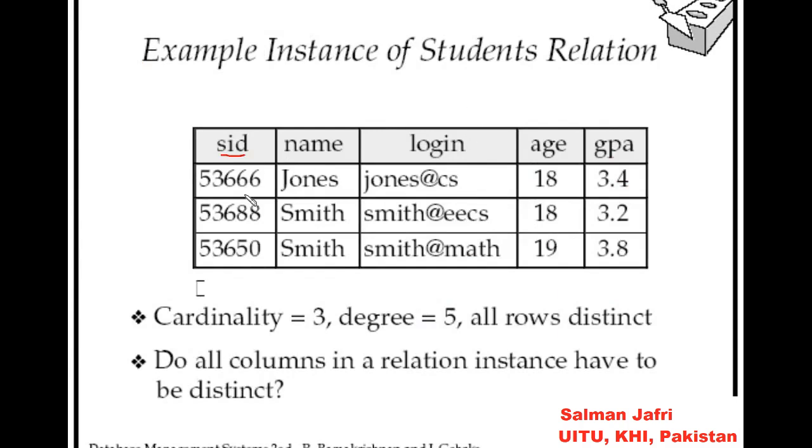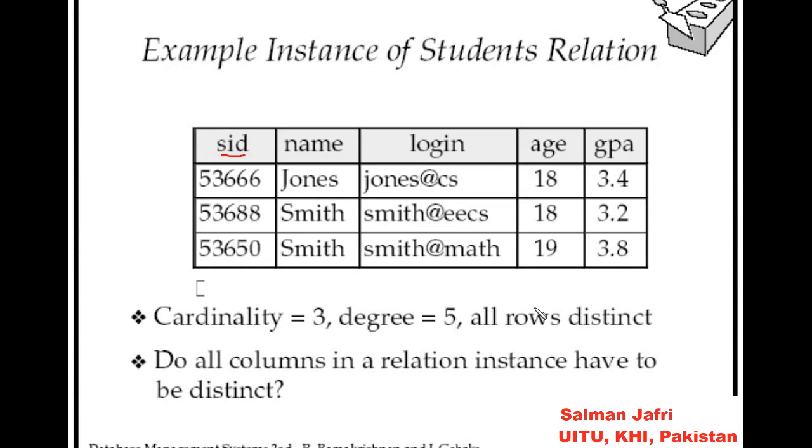We can see that SID is unique for all the tuples, and GPA is also unique for all the tuples. So if we have a key consisting of SID and GPA, the combination would be a super key, because SID is unique and GPA is also unique for the instance.